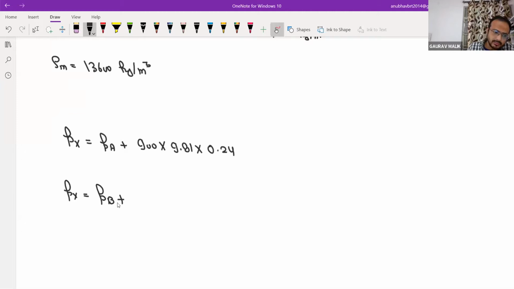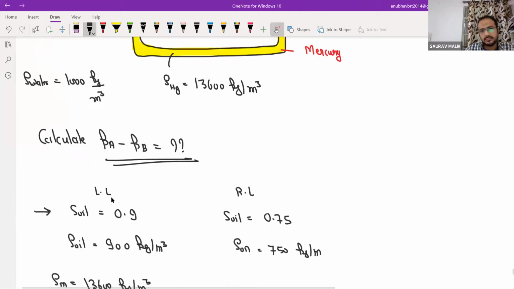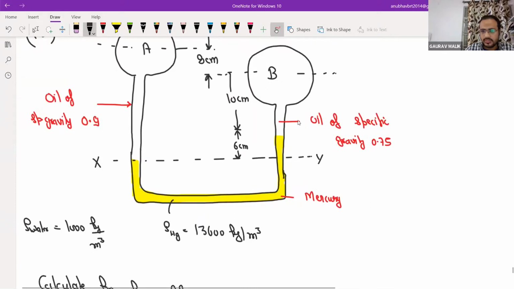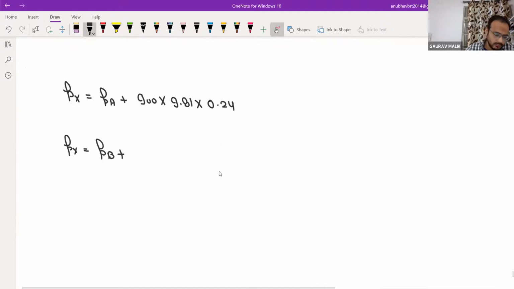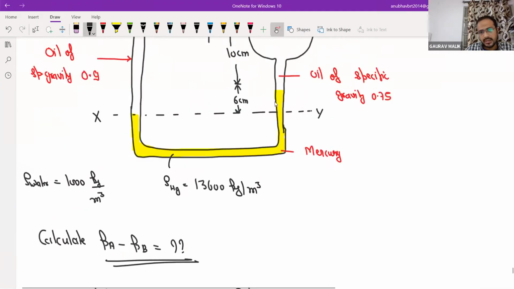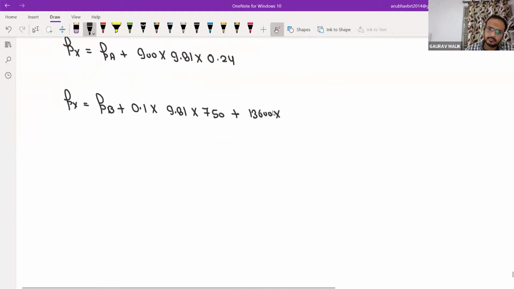In a similar manner, we will write it at PY. That should be equal to PB plus the pressure due to this oil plus this mercury. So that is 0.1 into 9.81 into 750, since 10 centimeter means 0.1 meter, plus 13,600 into 0.06 into 9.81, since 6 centimeter is 0.06 meter.